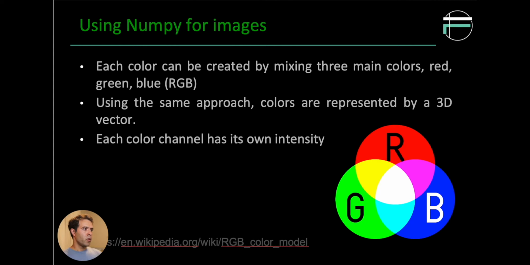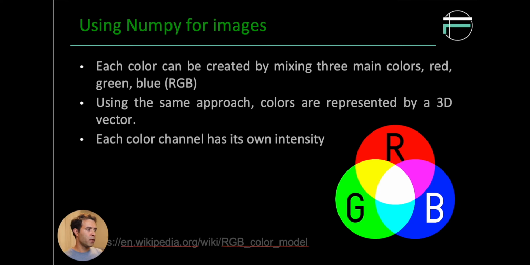So we can take this approach to colors. Each color can be created by mixing the 3 main colors, red, green, blue, as in RGB, and we use the same approach. We create a 3D array, which includes the intensity for each of those directions, I would say.